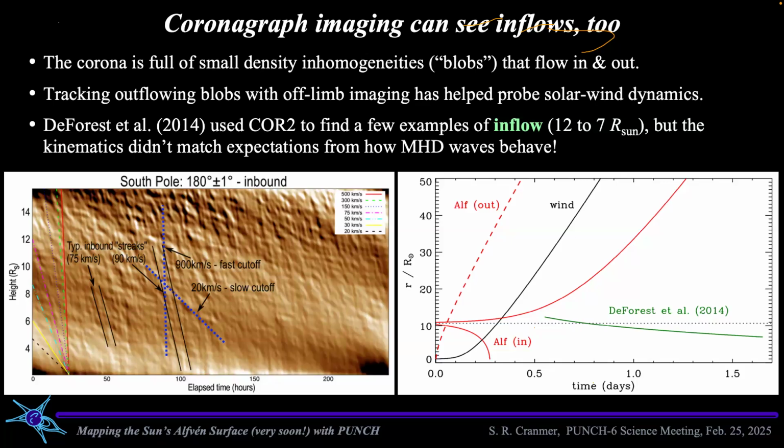The green curve shows what Craig's extraction of data from Fourier filtering from the COR2 instrument shows: these features essentially slowing down, getting flatter and flatter as they propagate in. That's exactly the opposite of what we expected from linearized MHD waves. Because the Alfvén speed is getting bigger as you get closer to the sun, you would have expected it to get steeper and steeper as it goes closer to the sun.